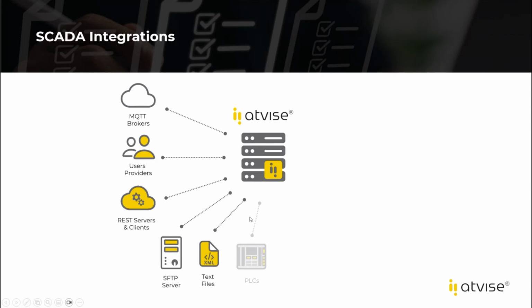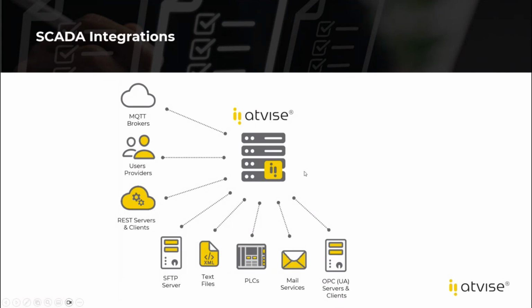So that's also an option. Of course, PLCs, all right? SMTP servers to send emails with alarms, with reports, or whatever. Also, OPC UA servers and clients. We have talked about this before.